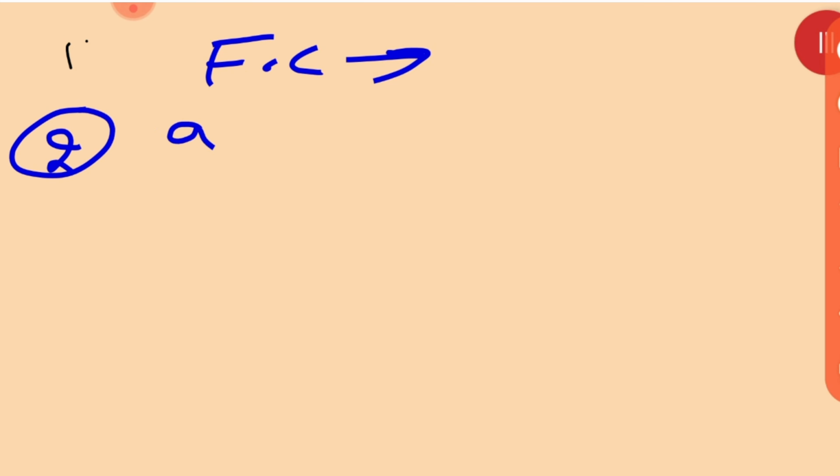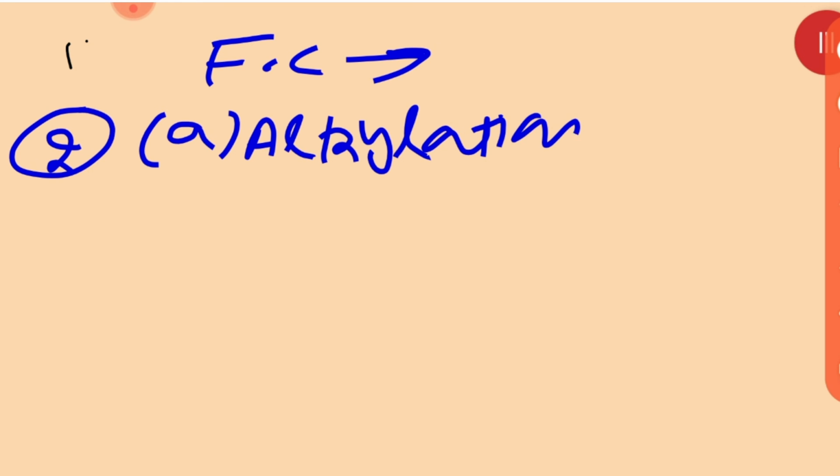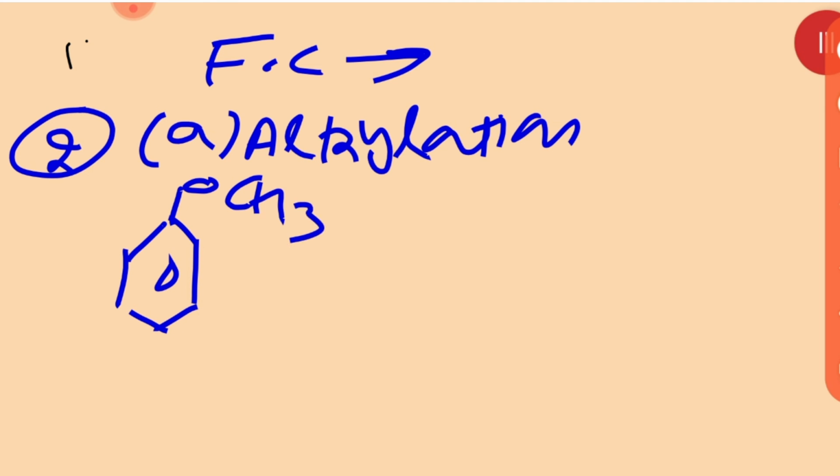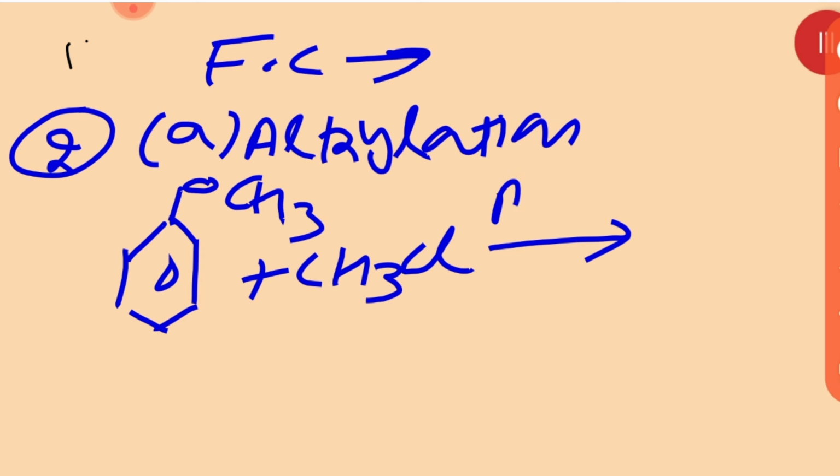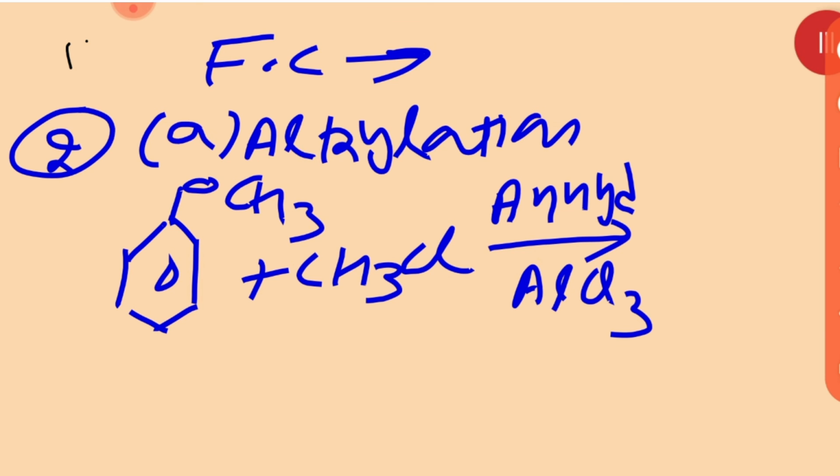Then after that, the second reaction is the Friedel-Crafts reaction. Friedel-Crafts usually has two parts. Number one is alkylation. Whenever we are studying alkylation, we take OCH3 compound plus CH3Cl in the presence of, I think you know very well, anhydrous AlCl3.